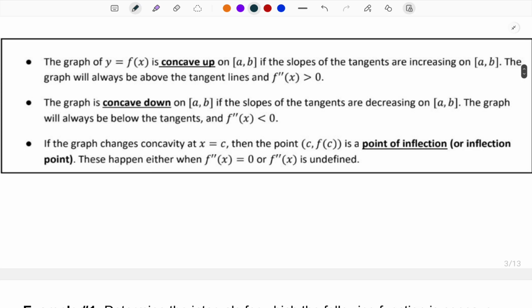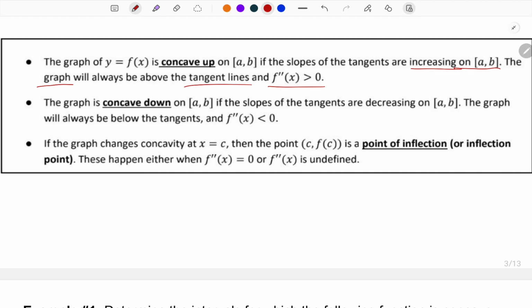And this is what we're going to call concavity. So what we say is a function is concave up on an interval if the slopes are increasing on that interval. And if we're looking at tangent lines, we'll see that the tangent lines are actually below the graph, as in the graph will always be above the tangent lines.